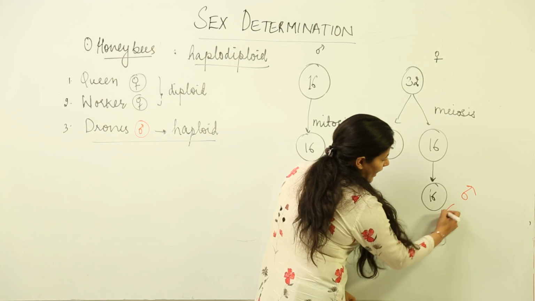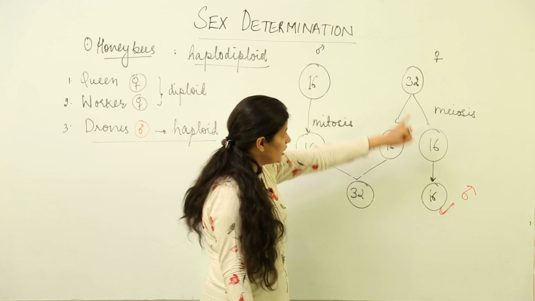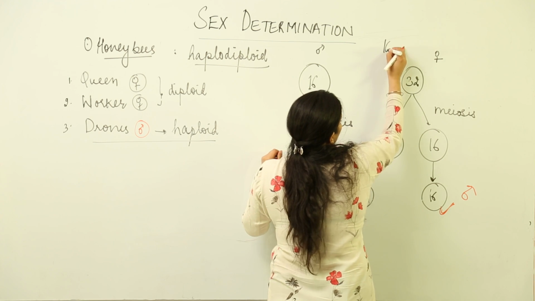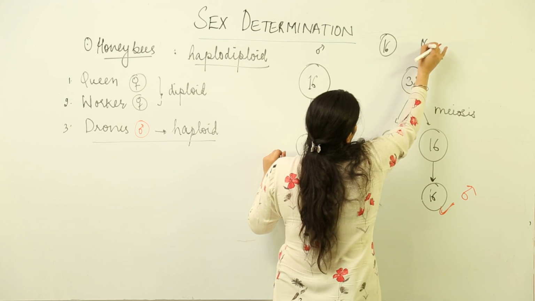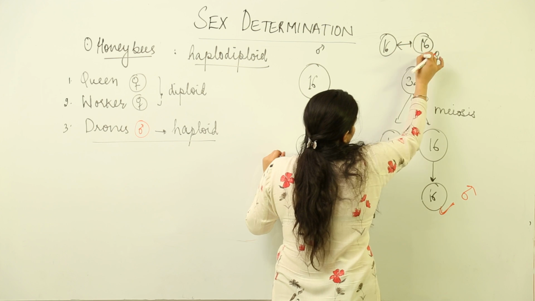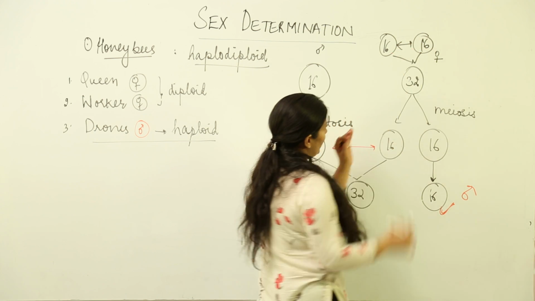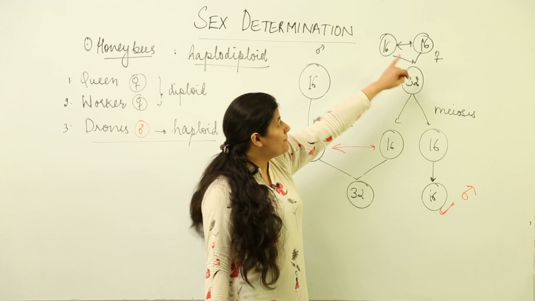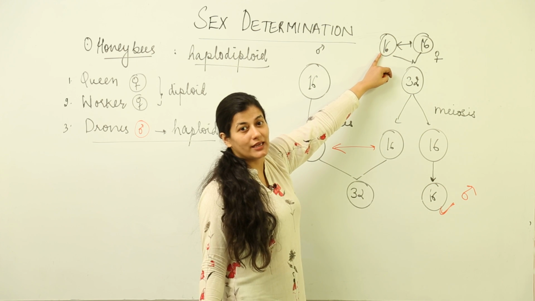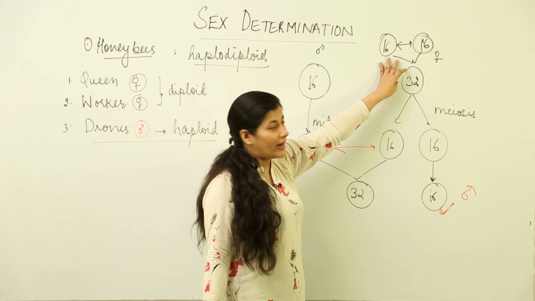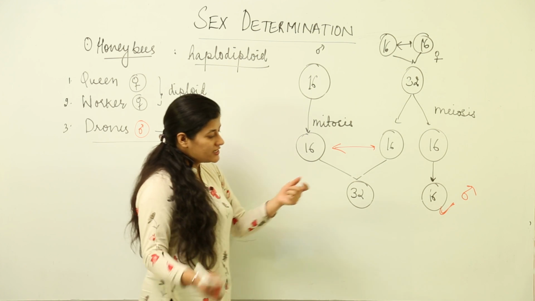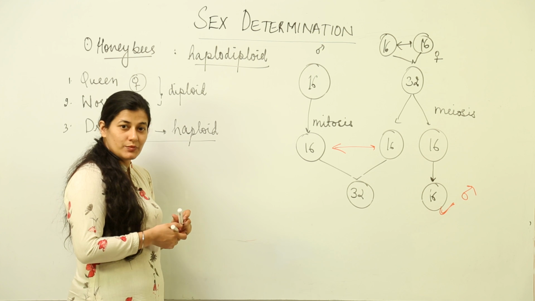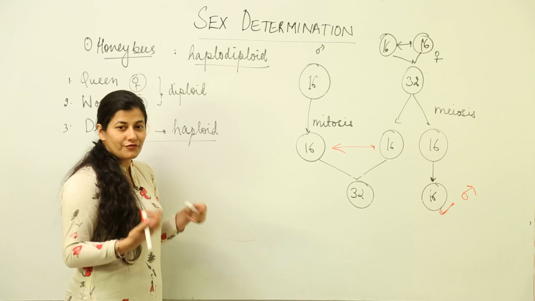This male can trace back its generation to a grandfather because this 32 would be formed from the union of one male and one female. So that male parent is again not father but grandfather. So you get to know it is the diploid and haploid condition of the cell that determines whether it would be a male or a female honeybee.